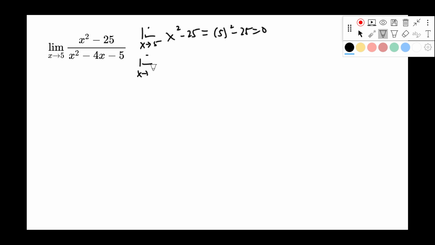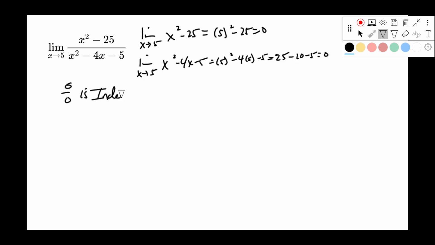And then the limit as x goes to 5 of x squared minus 4x minus 5 would give me 25 minus 20 minus 5, also 0. So 0 over 0 is indeterminate. 0 over 0 is an indeterminate form.